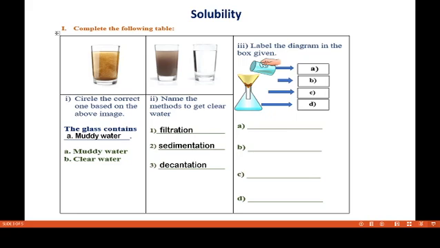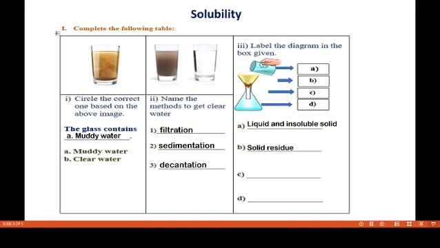Okay, third exercise, label the diagram in the box given. First one, this beaker contains liquid and insoluble solid. Okay, then second one, solid residue. The funnel contains a solid residue.